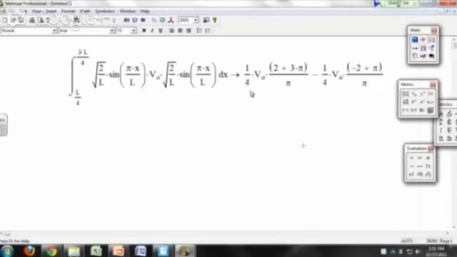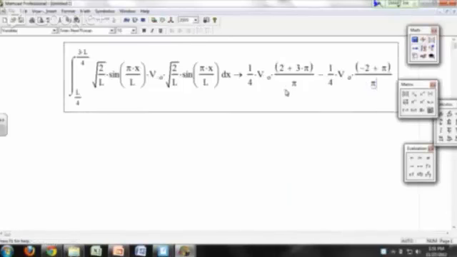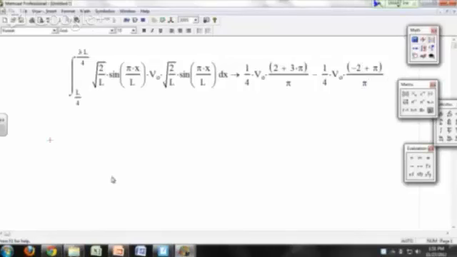It's 1/4 V naught times (2 plus 3 pi) over pi, minus 1/4 times V naught times (negative 2 plus pi) over pi. That's your formula for your first order correction. Let's get some actual numbers so we can get a better feel for what these are. Let's again use atomic units.